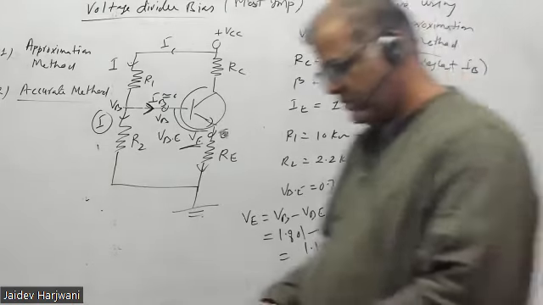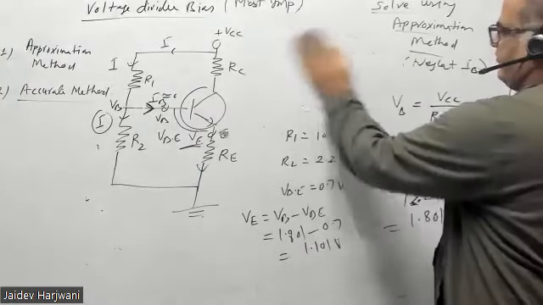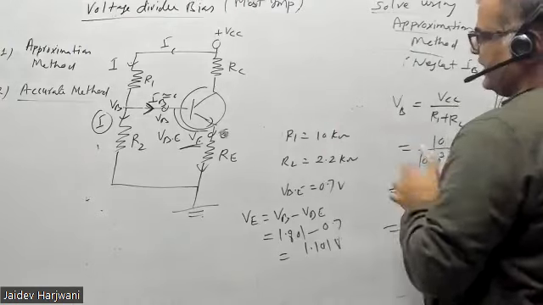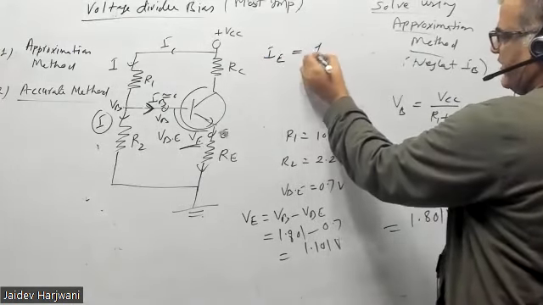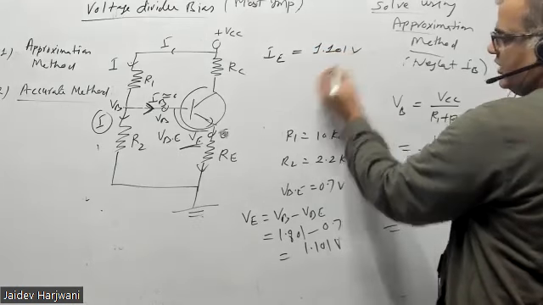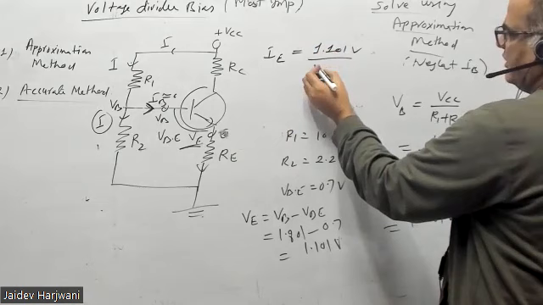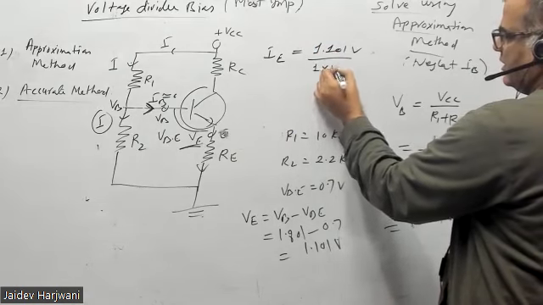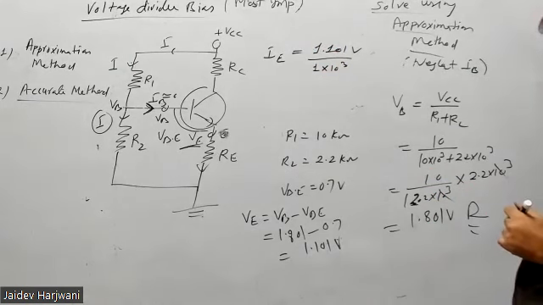And now you can find the IE value. IE will be 1.101 volt divided by RE. RE value is 1 kilo ohm. So here VB is VCC times R2 upon R1 plus R2.